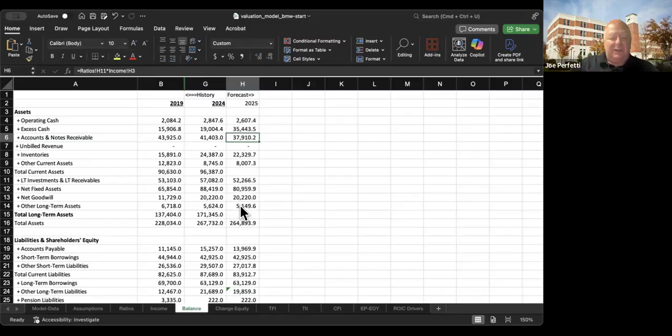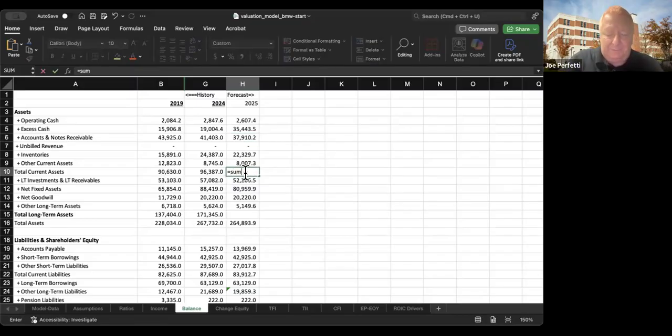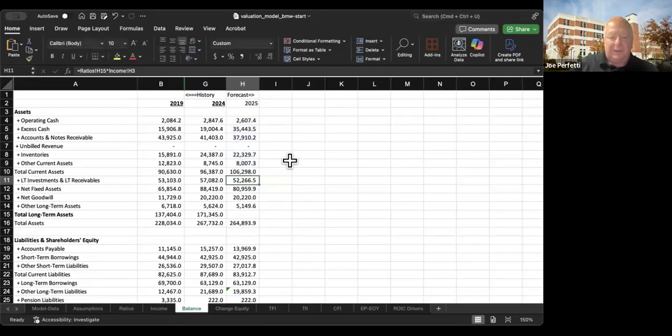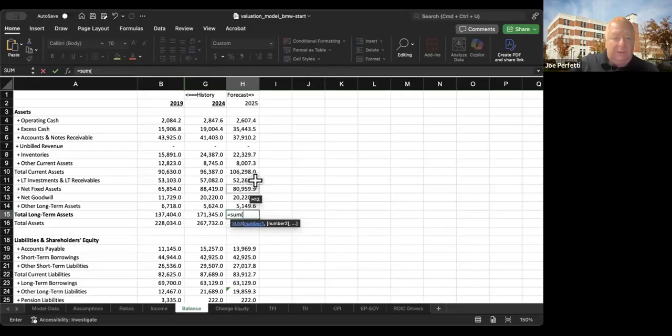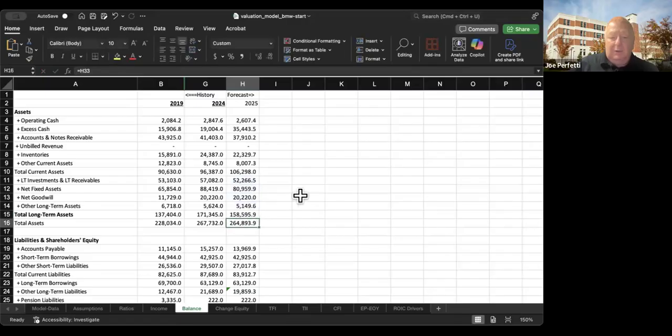Now we're ready to do some window dressing. Total current assets. We're going to sum the 6 items above from operating cash all the way down to other current assets. So total current assets, 106,298. And for long-term assets, we're going to sum the 4 above that: long-term investments, net fixed assets, goodwill, and other long-term assets. 158,959.